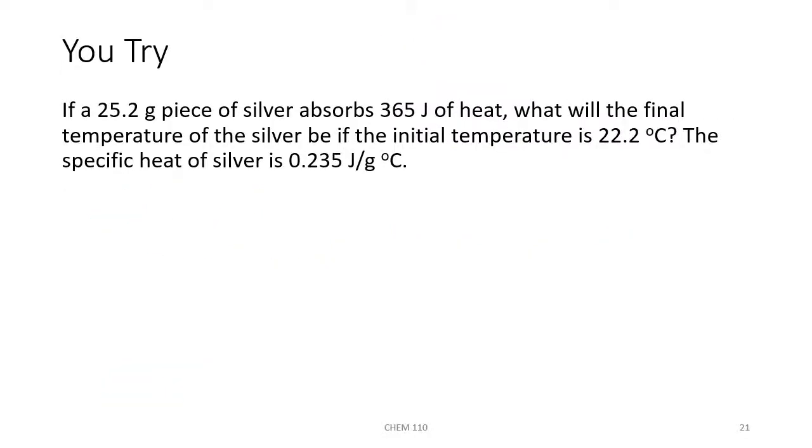If a 25.2 gram piece of silver absorbs 365 joules of heat, what will the final temperature of the silver be if the initial temperature is 22.2 degrees Celsius? The specific heat of silver is 0.235 joules per gram degrees Celsius. So we're going to want to start with our formula for specific heat, Q equals mc delta T. But since we're finding a final temperature, let's write this as Q equals mc times T final minus T initial.